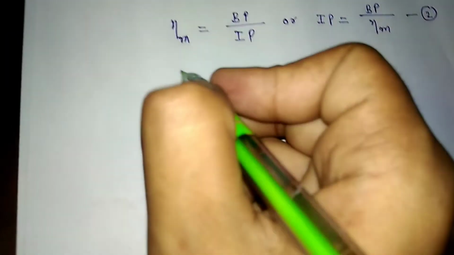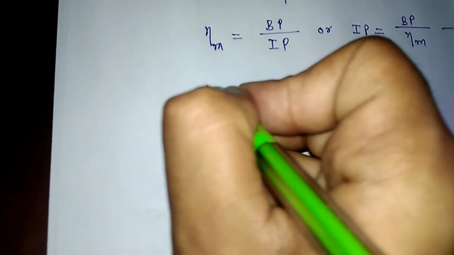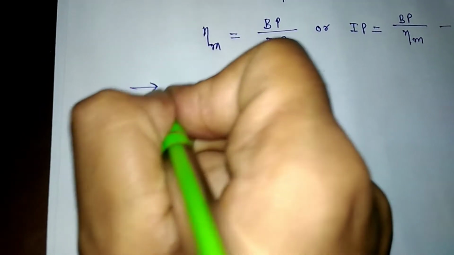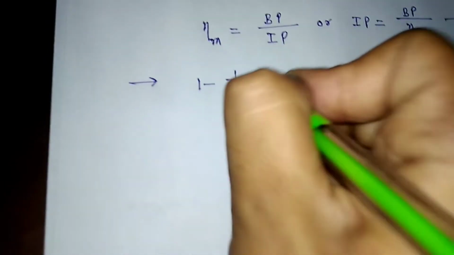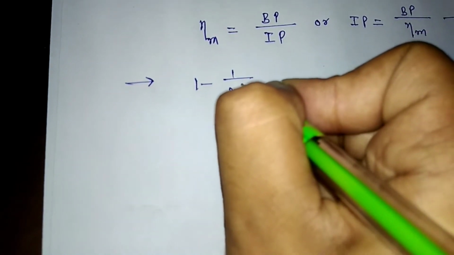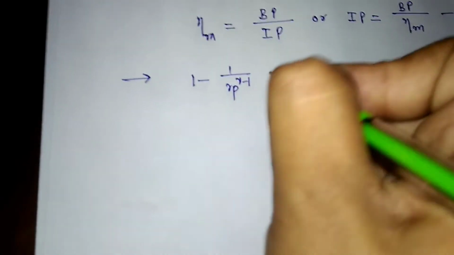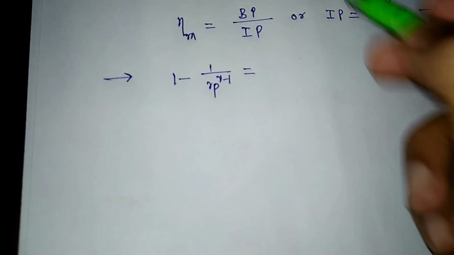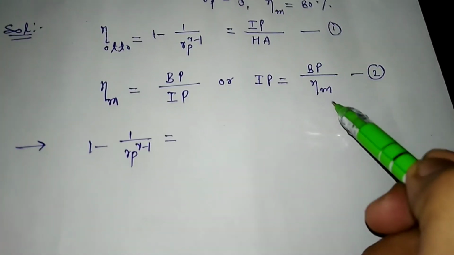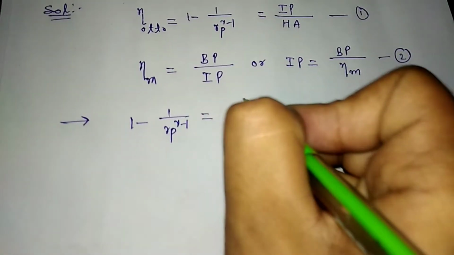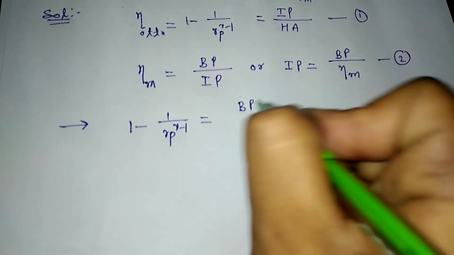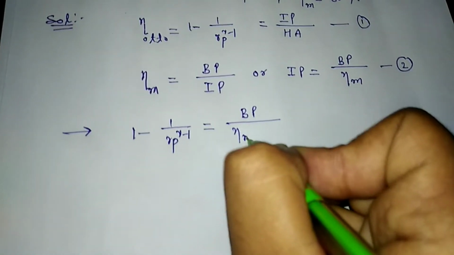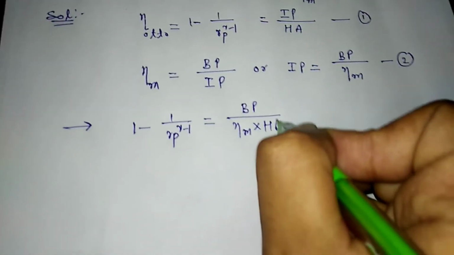So from equation first and second we get 1 minus 1 upon rp to the power gamma minus 1 is equal to indicated power upon heat addition, which is brake power upon mechanical efficiency into heat addition.